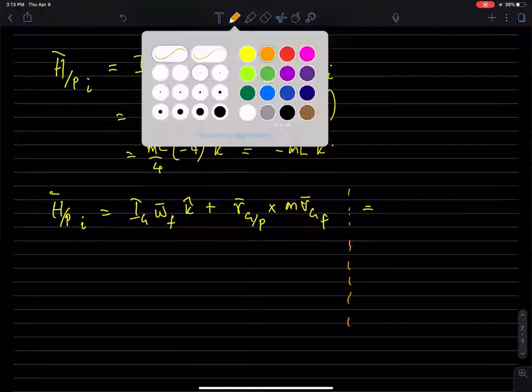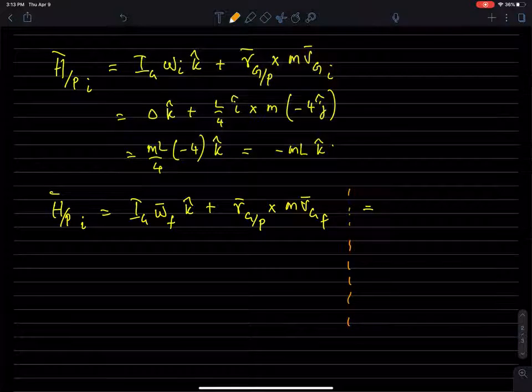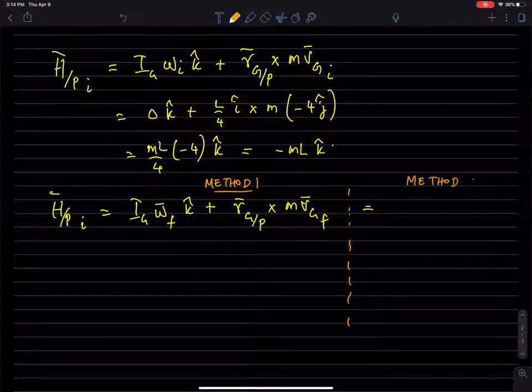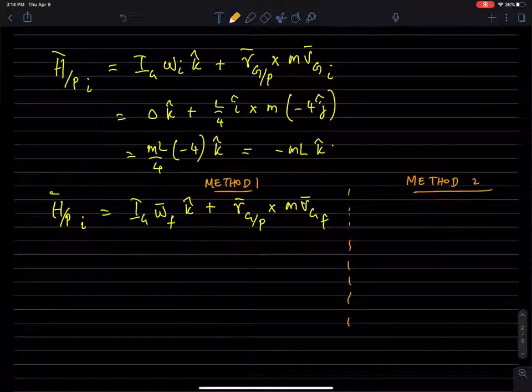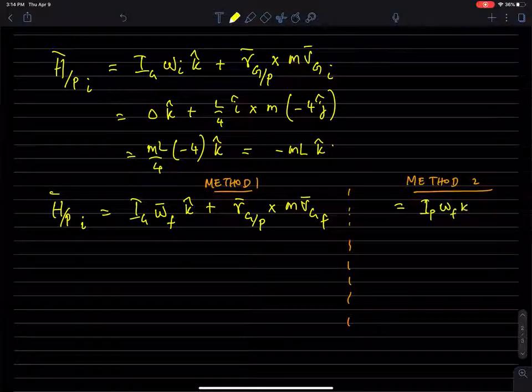Let's call this method 1, method 2. If the point P on the rigid body about which you're taking moments is actually fixed, it's equal to IP omega F k. You can also do that.